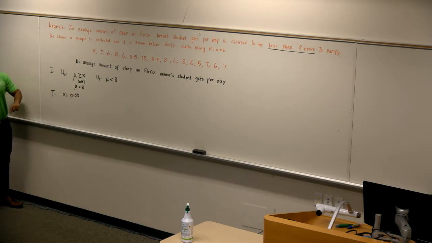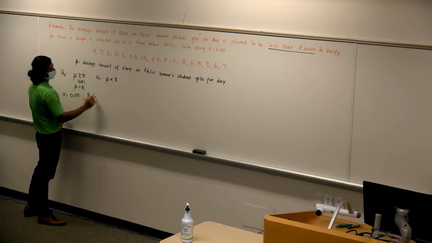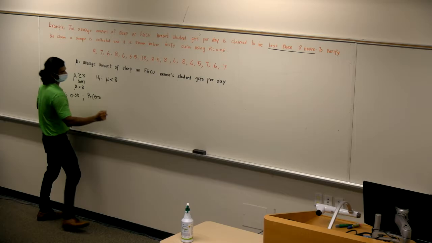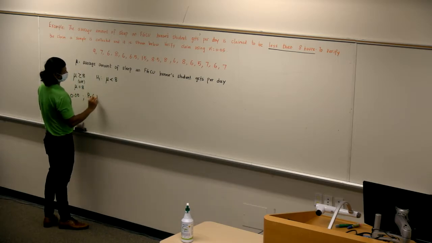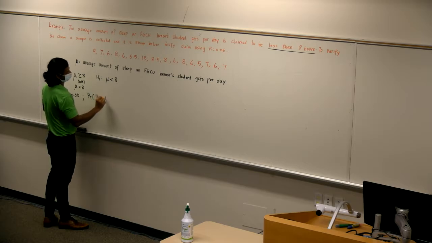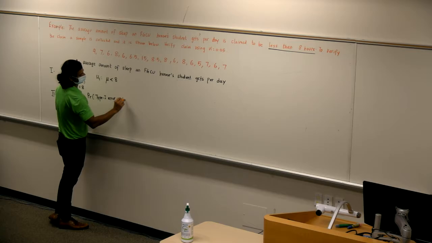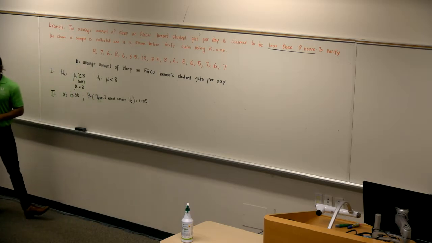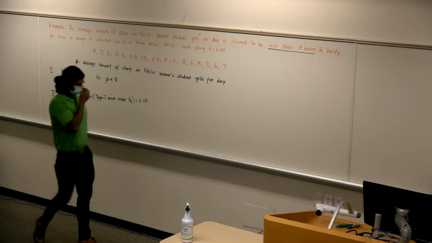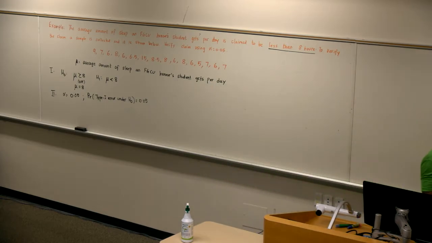Alpha is 0.05. In other words, the probability of type 1 error under the given null has to be 5% or less.